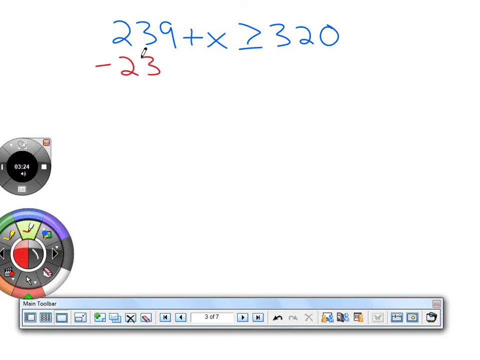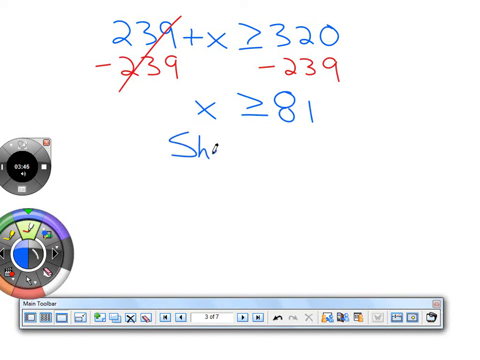So I'm going to subtract 239, and that'll be gone. So now x will be greater than or equal to 320 minus 239, and we get 81. So she needs at least an 81.